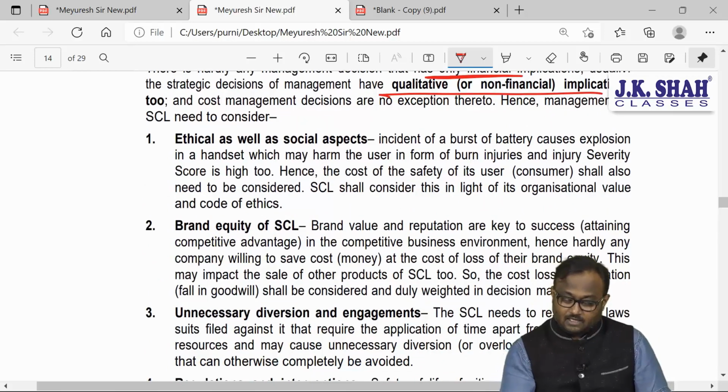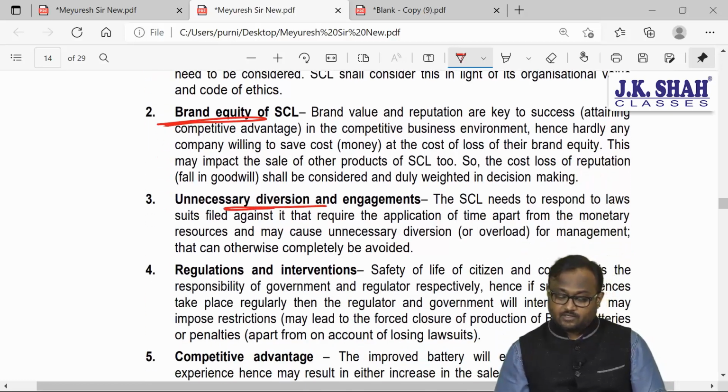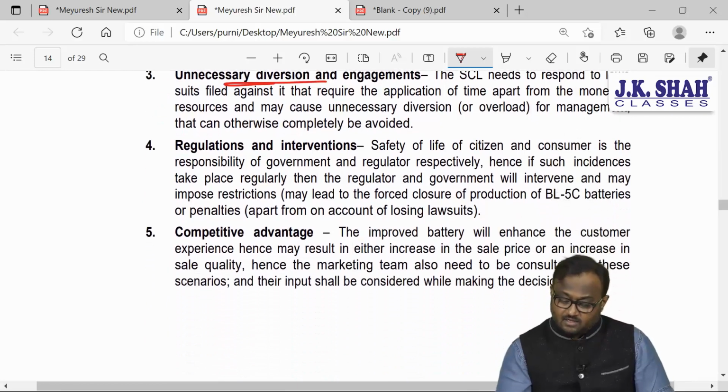So, ethical, brand, unnecessary diversions and engagement. You will be involved in case laws and case studies and court cases and all that, which will cause unnecessary diversion. Regulatory: you may be fined, the government may interfere someday saying there are social concerns that your mobiles are active bombs.